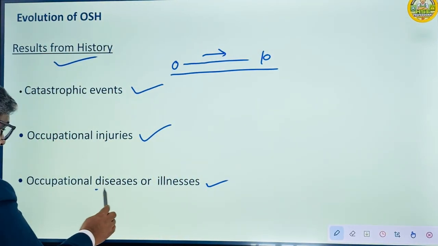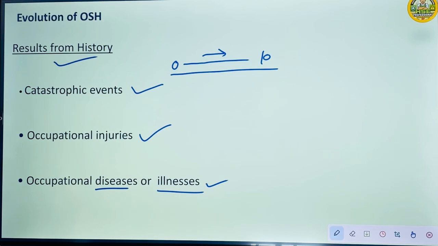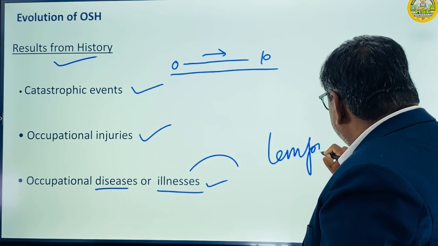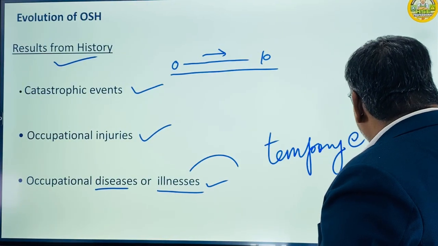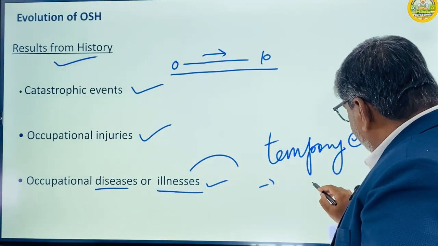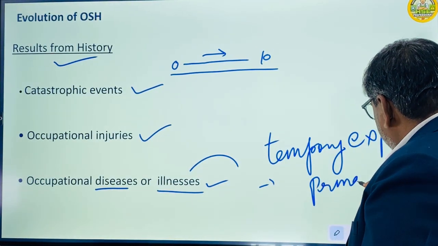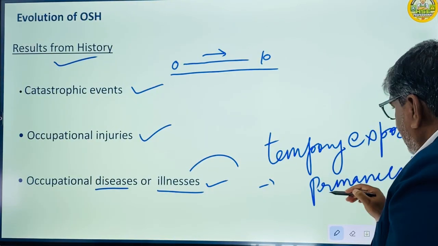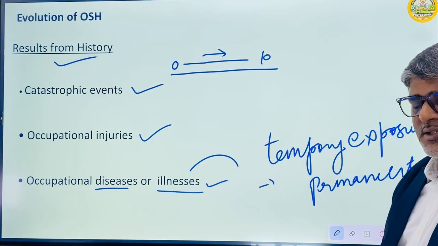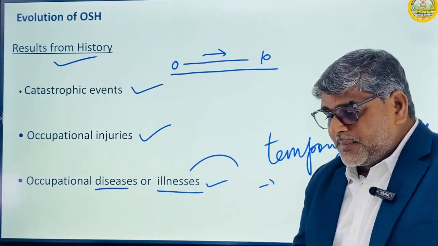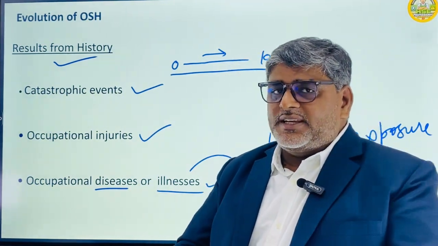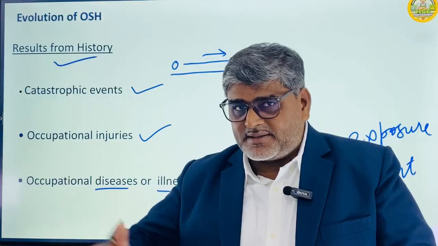But disease and illness are different. Illness is temporary exposure, but disease is permanent exposure. Disease starts, for example, when someone is exposed to some chemical, and the impact of the exposure shows after 10 years.